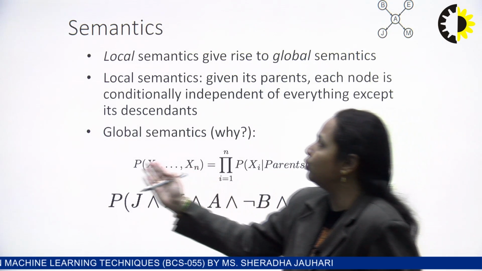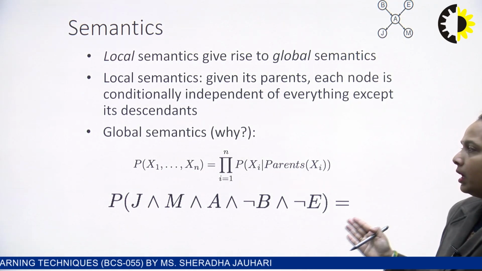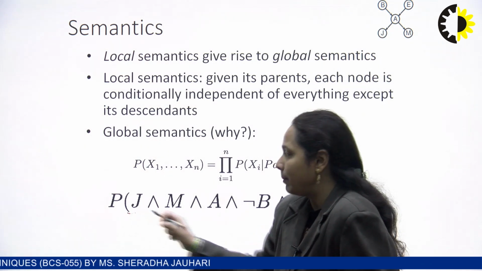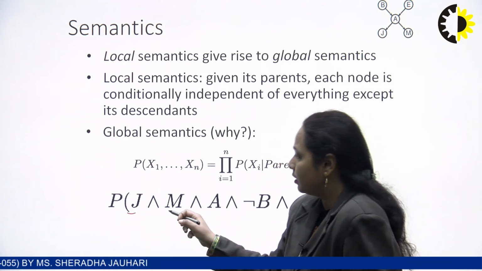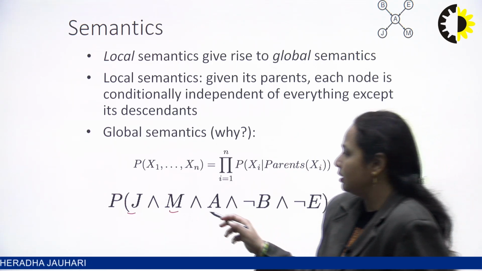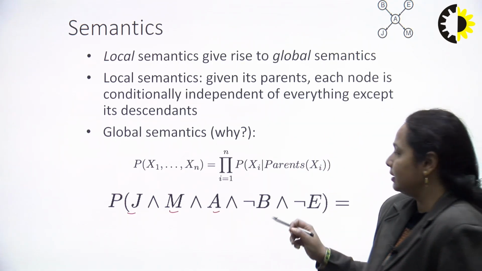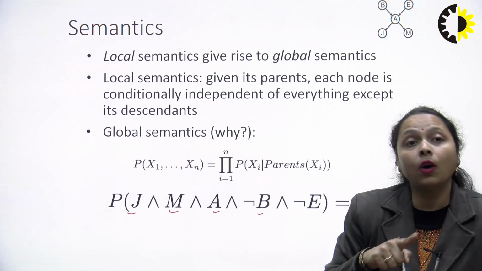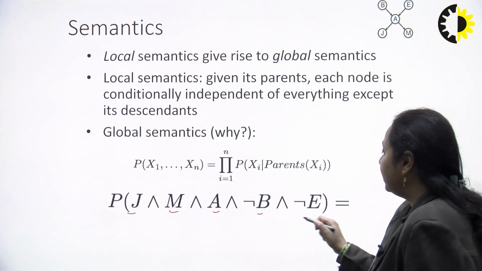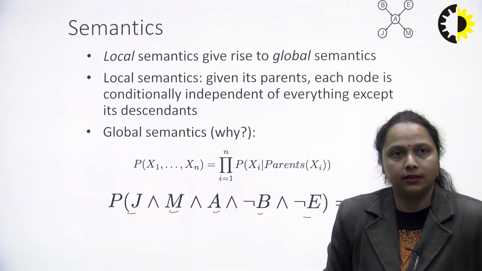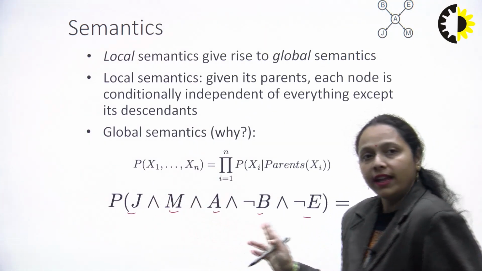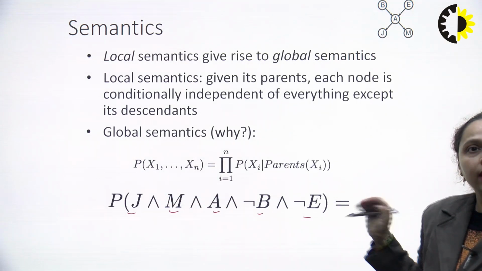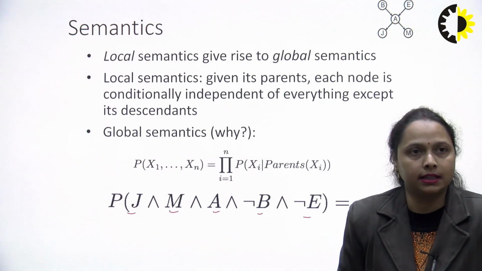So, what we will do, based upon this formula, is calculate the probability that John calls and Mary calls and the alarm rang and not burglary and not earthquake. Keeping all the values in this formula, we can calculate the result.